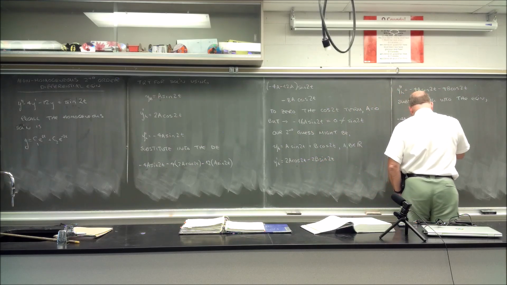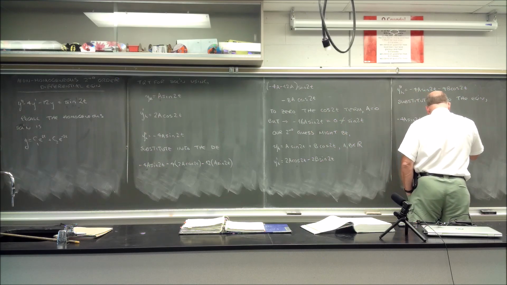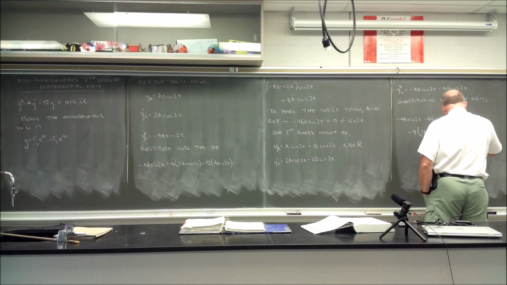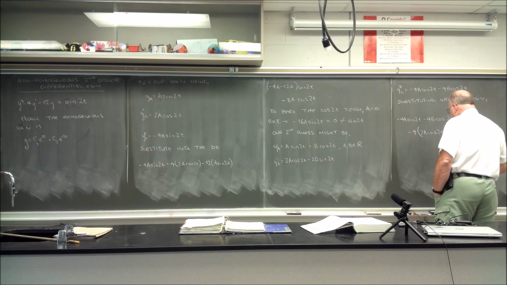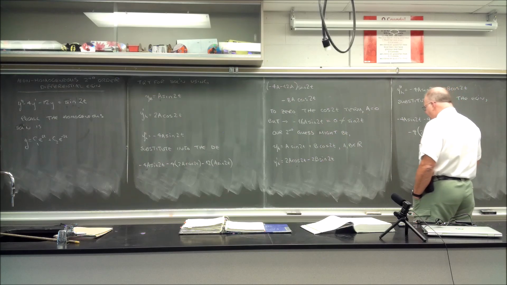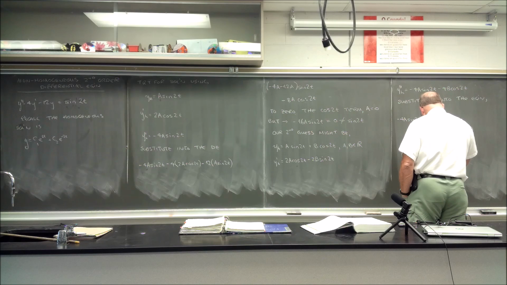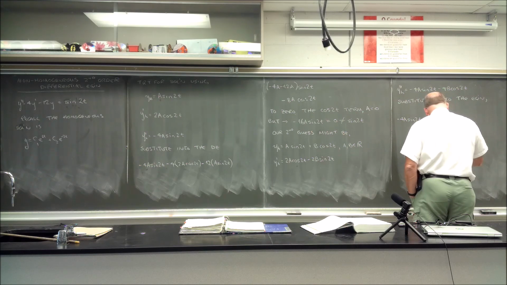And we have 2a cos 2t minus 2b sine. And finally, we have the function, minus 12 times our original guess. Well, it's our second guess, if you will, but the function itself.